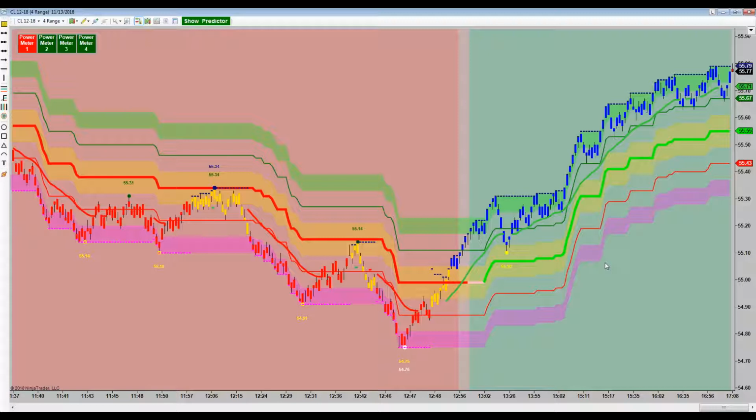Excuse me. Let me take a sip of tea here and wake up a little bit. What is our friend Mr. Crude doing? You're looking over here on the right-hand side of the chart. This is the current crude price, 55.79. Yeah, it's up. Yeah, it was down over here, and now it's up.